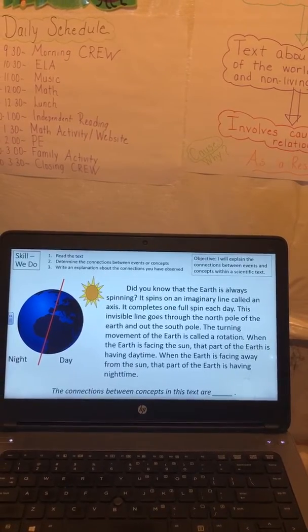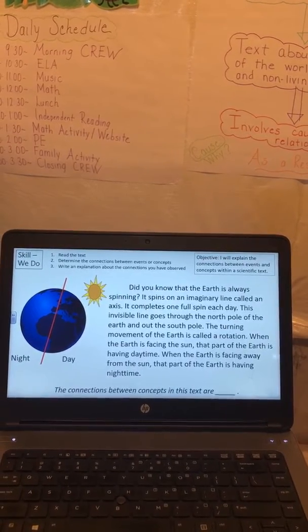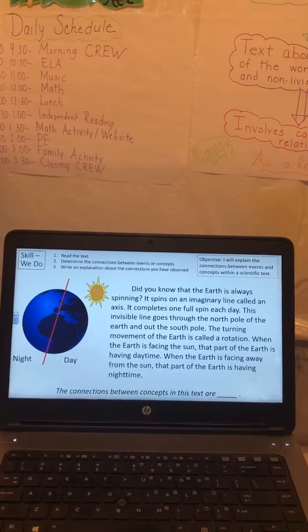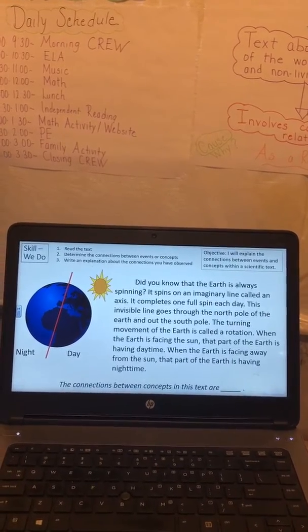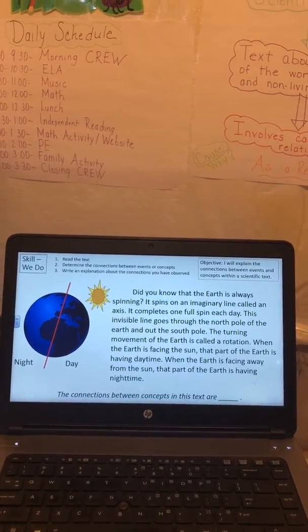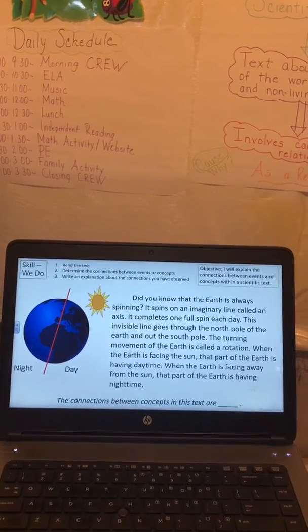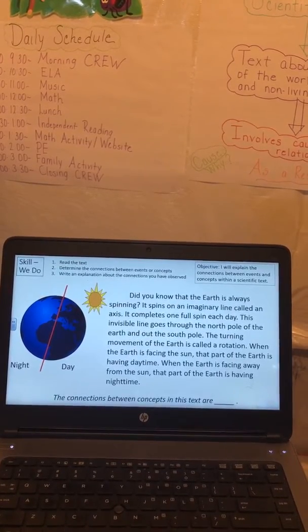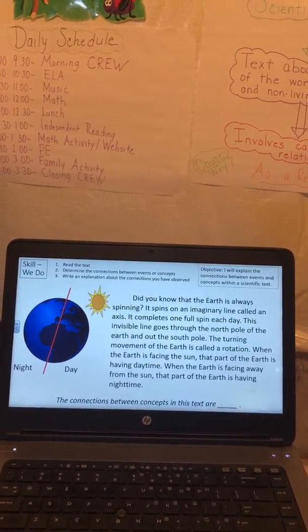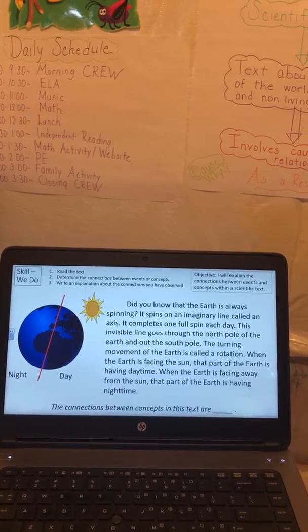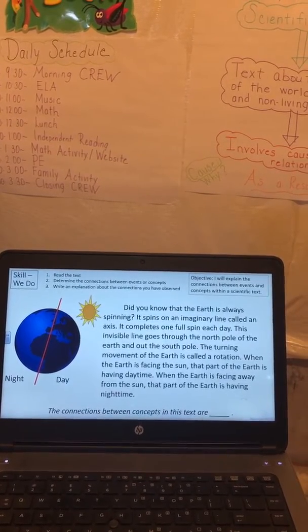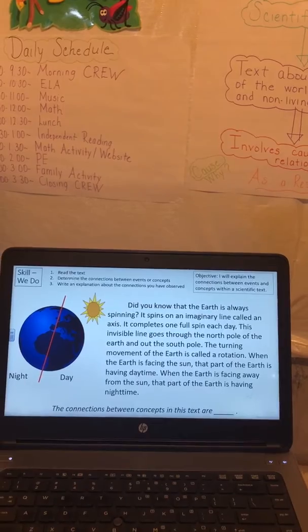So the sentence starter we're going to be filling in says, the connections between concepts in this text are. So take a moment to think about what are some connections we can make based on what you've just read about daytime and nighttime on Earth.